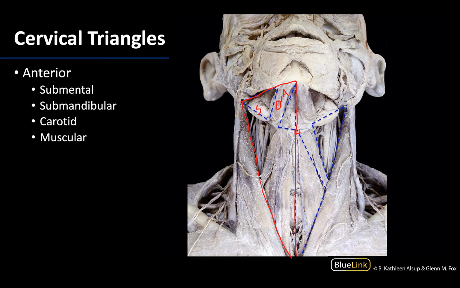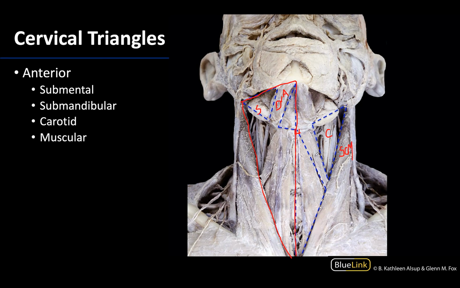All right, moving inferiorly, we have the other 2 triangles, which we see over here on the left side. Here is the carotid triangle, so carotid triangle's right here. The boundaries of the carotid triangle include superiorly is going to be the posterior belly of the digastric, again occluded by this large submandibular gland. Laterally, the boundary will be the SCM again, so that's sternocleidomastoid muscle.